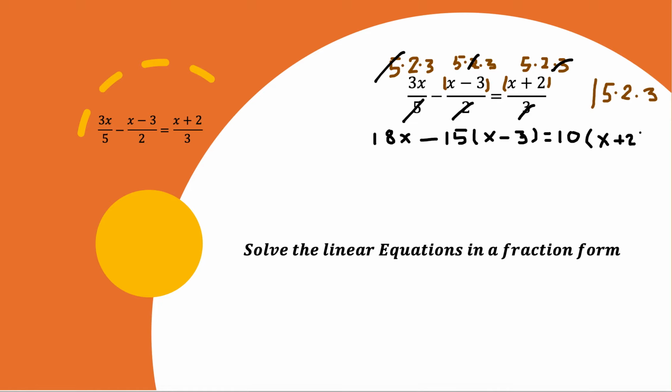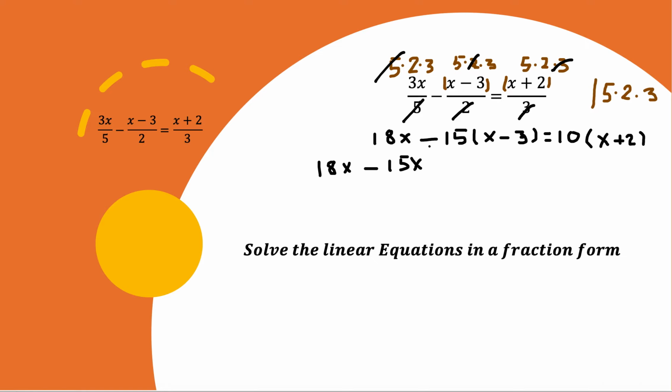So now I'm going to expand this one, and release it from the factors. Let me do some algebraic work. 18x is here, and here is negative 15 times x, which is negative 15x.